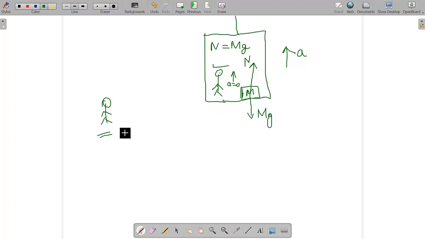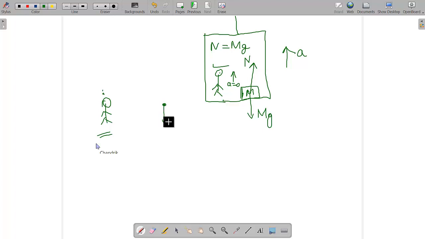Now let's say the person on the ground is looking at this block, and the elevator is made of glass, so he can see through it. How is he going to write the equation?